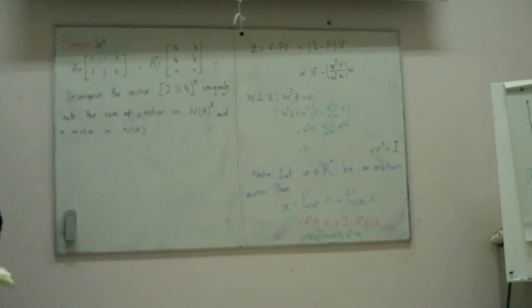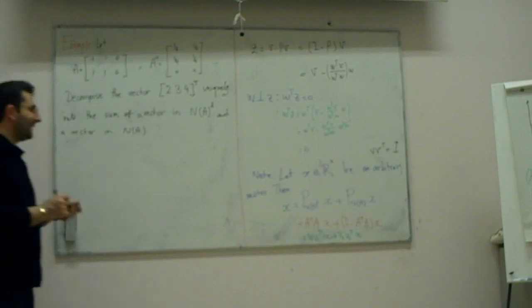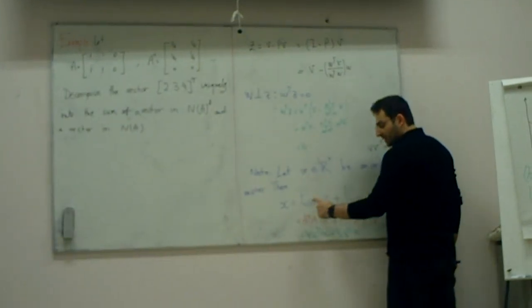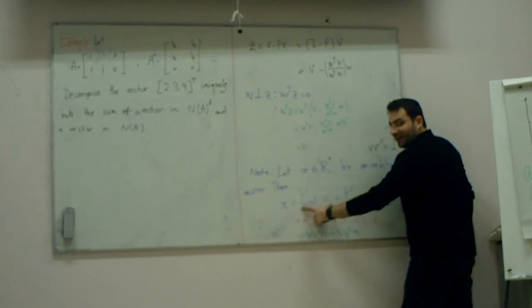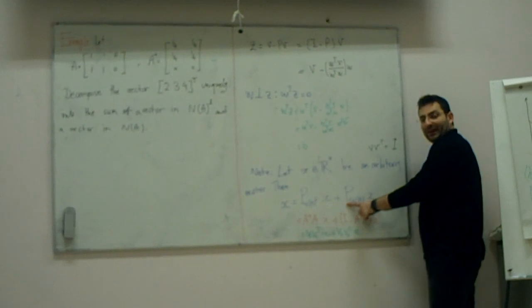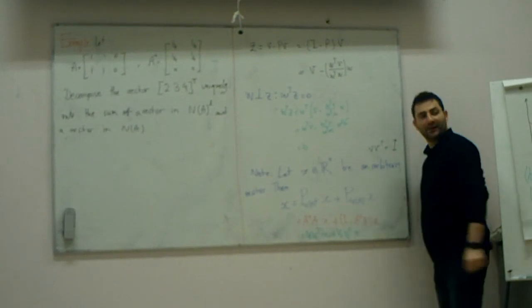In other words, decompose my vector x into P of NA orthogonal x plus P of NA x.